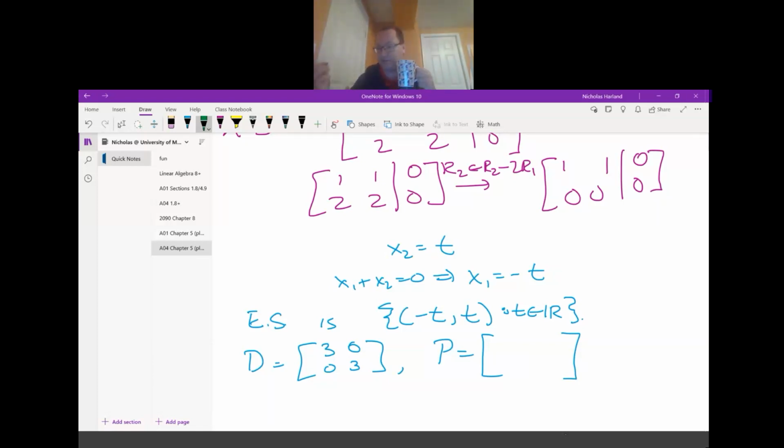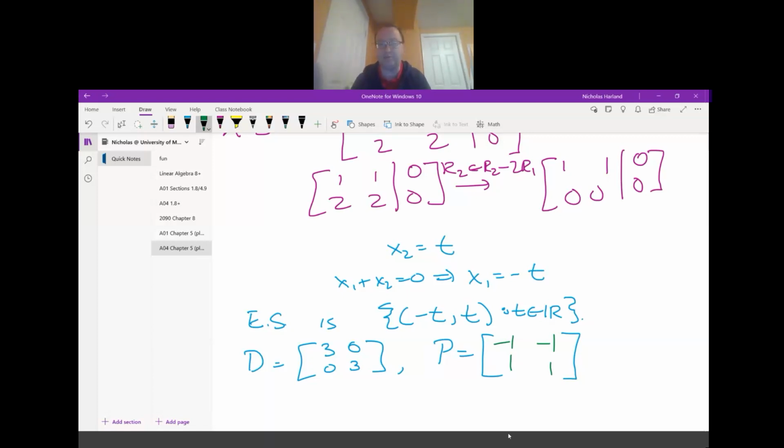And again, as always, there's usually more than one correct answer. So negative 1, 1, beautiful. That's just plugging in t equals 1 into here. What do we get for a second column? Negative 1, 1, the same one twice? Okay. All right, so we can get the same one twice, or we could get different eigenvectors.